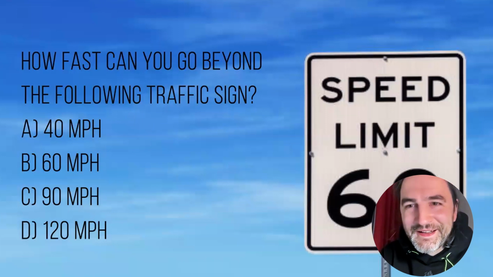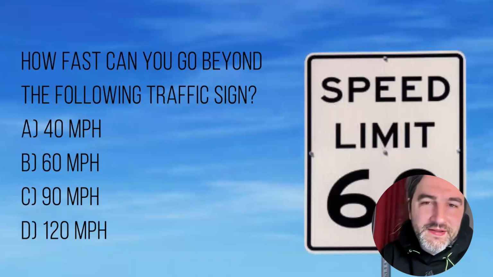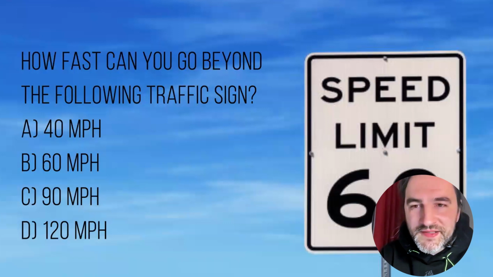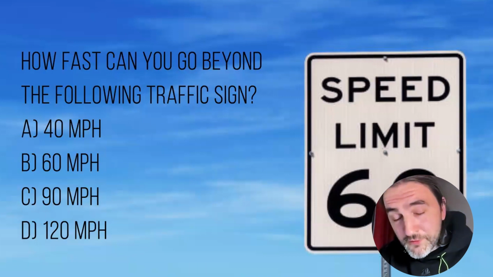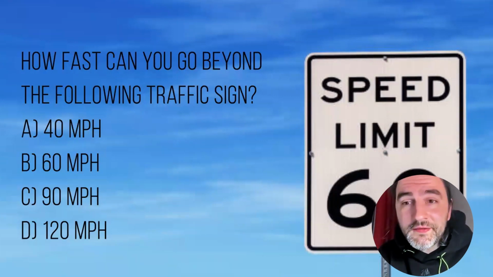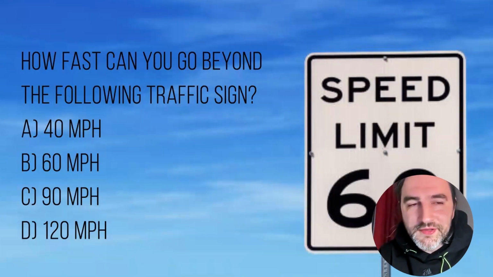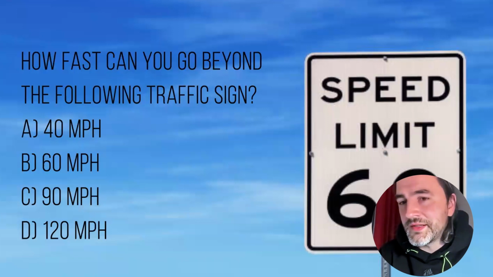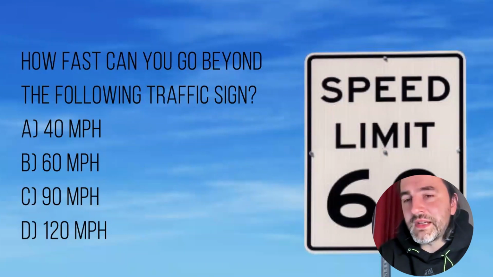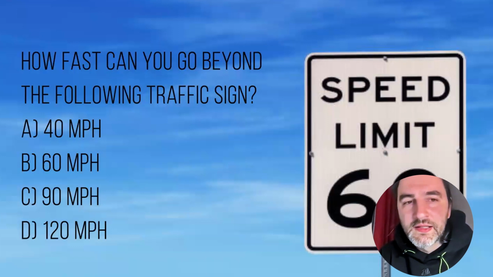B. Okay, so the problem is that if you have a speed limit of 60 miles an hour, you can go beyond that both at 40 miles an hour, because it's not against the rules to go 40 miles an hour in a speed limit of 60. And 60 is also true, although in some cases, some people will ask whether exactly 60 is right or wrong.